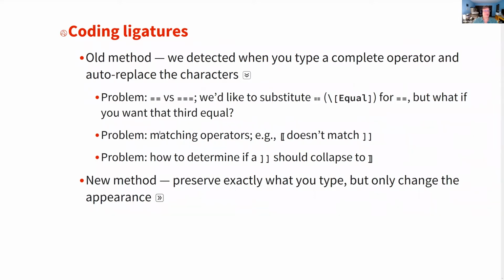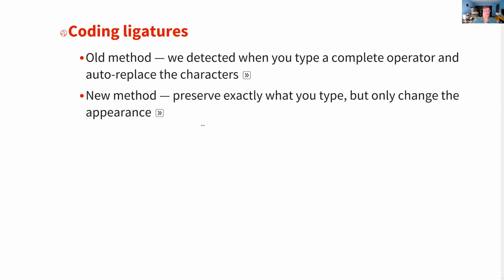So matching operators is a problem. The left double bracket doesn't actually match just two right brackets. That's a syntax error. And frankly, we would very much like to have double bracket collapse, because it helps to pick out of a mess of brackets, particularly on the closing side, which of those brackets refer to a part closing rather than a function closing.